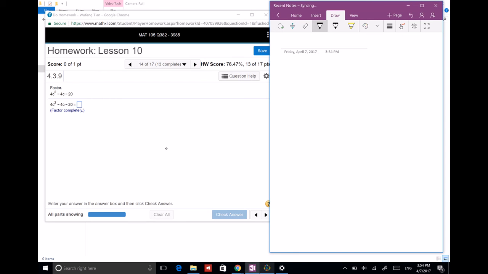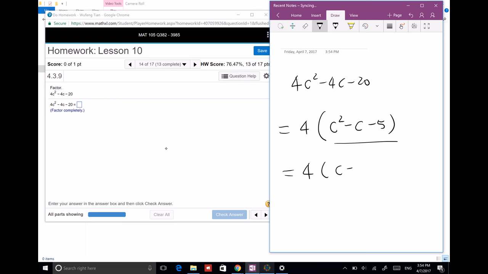Factor this. So 4c squared minus 4c minus 20. There is a common factor 4. So factor out c squared minus c minus 5. This is a simple one. So it's 4 times c minus 5. Okay, we can't make anything because this is 5, you cannot get a 1.